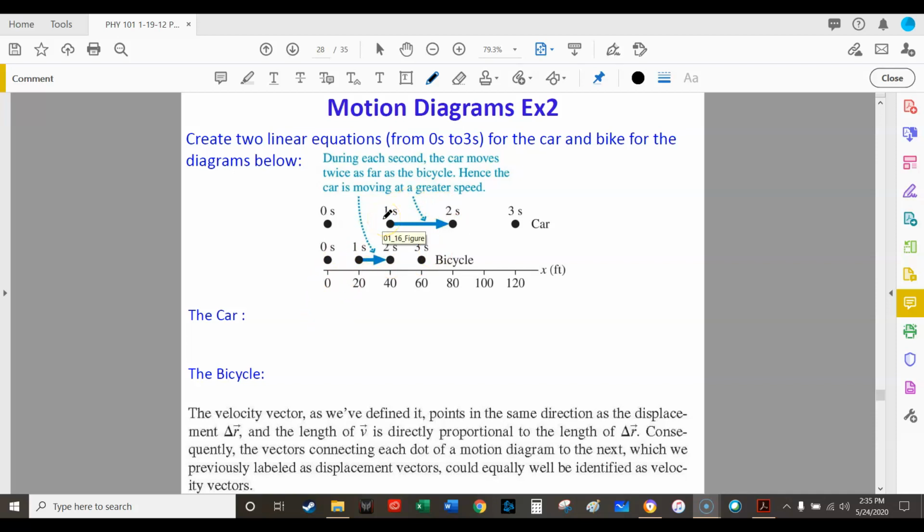Go ahead and pause the video, describe what's happening with the car, describe the motion, and try to create a linear equation based on what you're seeing. Okay? Pause the video now.